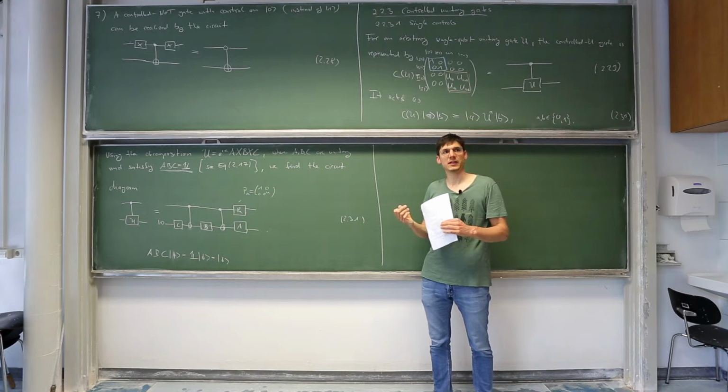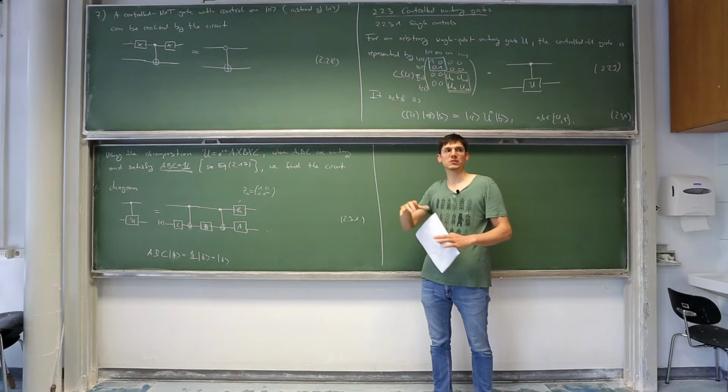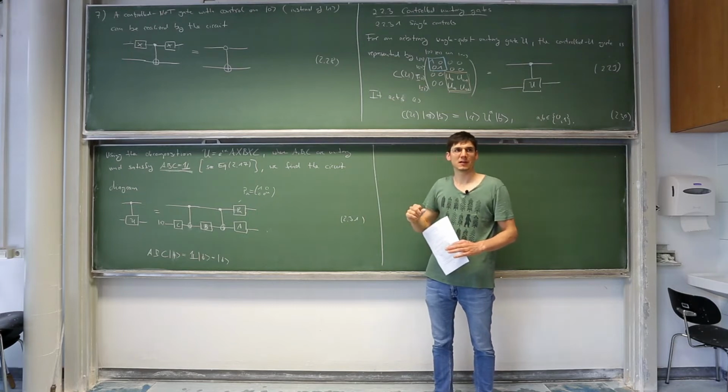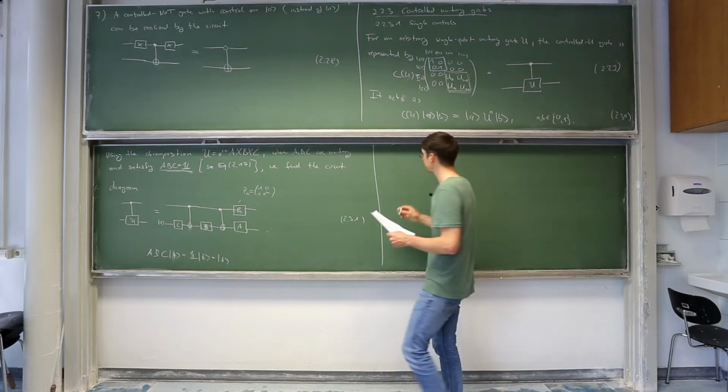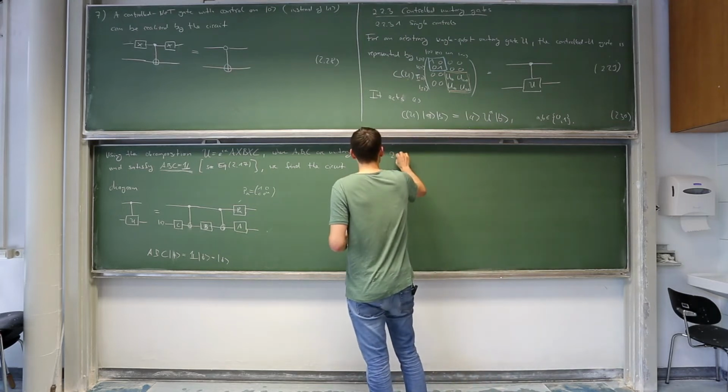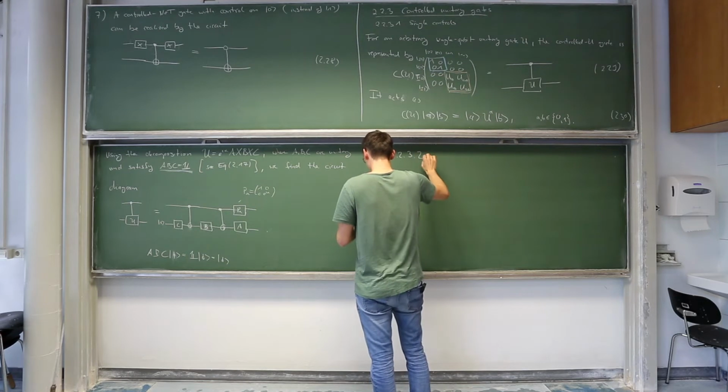So there you have n controls of a unitary acting on k qubits. These are then multiple controls. So it's chapter 2.2.3.2.